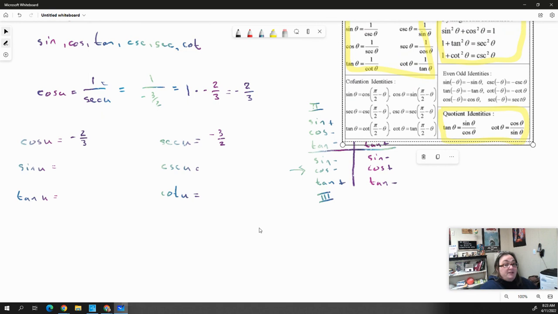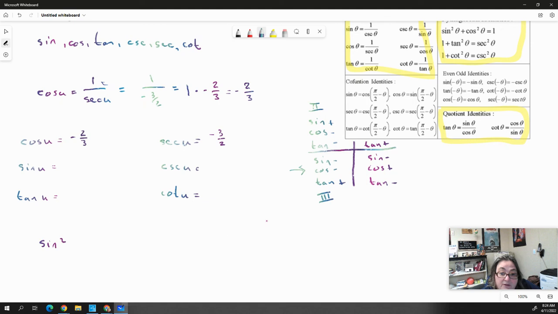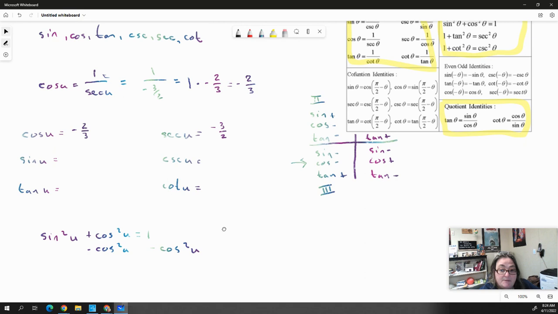The first thing is I know what cosine is, and I can find sine using our Pythagorean identity. I know that sine squared of u plus cosine squared of u equals 1. So I'm going to subtract cosine squared of u from both sides, so I know what sine squared equals.